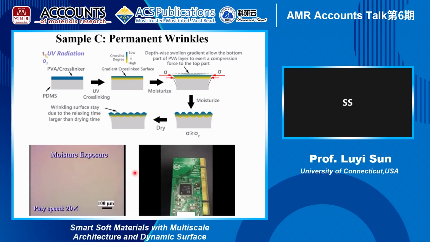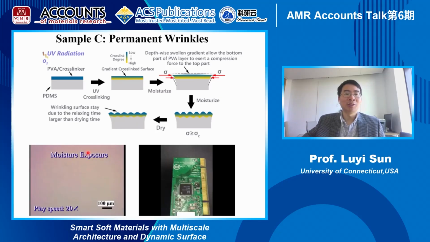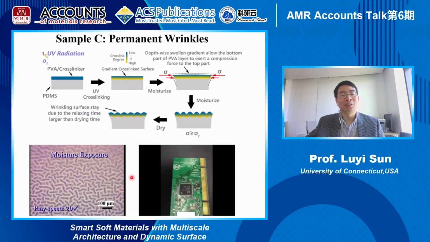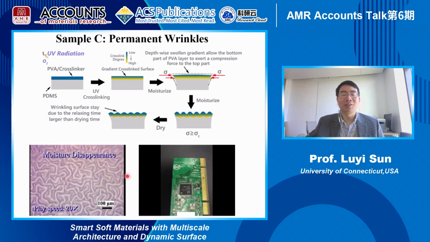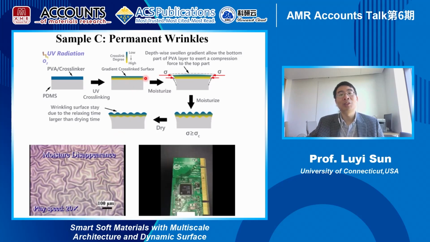So with that, we did a so-called gradient wrinkle formation, and now you will find that initially you form wrinkles, and now it begins to relax, but before it relaxes completely back to flat, it is already dried. Once it's dried, we fix the morphology, and it cannot further relax to be completely flat.